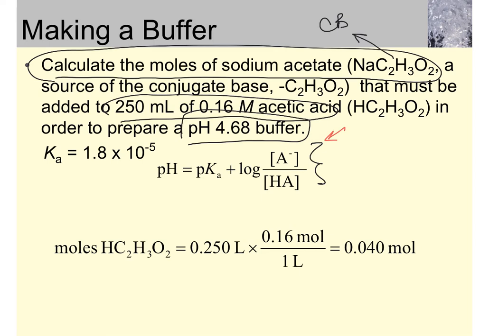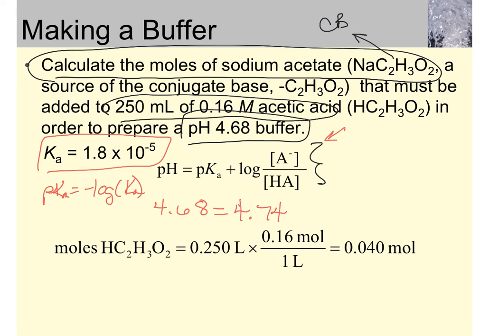So I can plug in, they told me the pH that I want. They gave me the Ka, so I can calculate pKa, right? So pKa is minus log of Ka, and pKa then is 4.74.